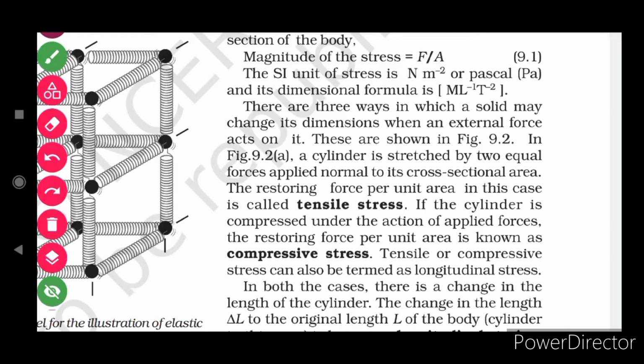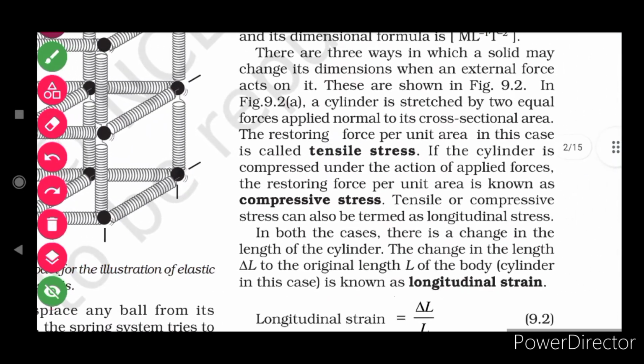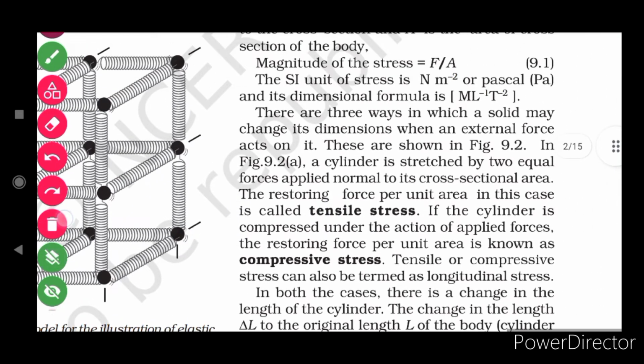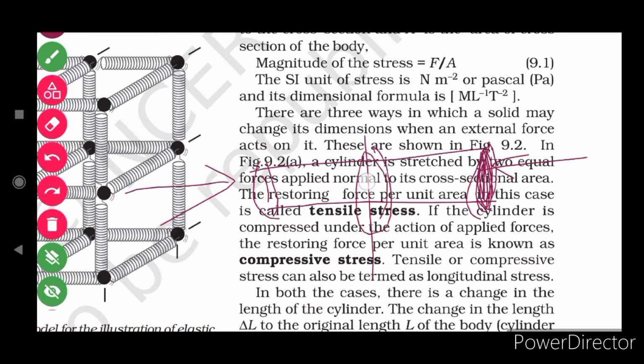The first category is longitudinal stress. What is longitudinal stress? Suppose there is a rod, and we apply equal forces on both sides of this rod, normal to its cross section area. You can understand this like if I cut this rod with a knife, it will show a cross section area.